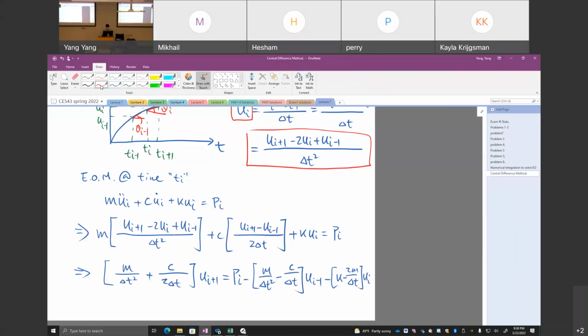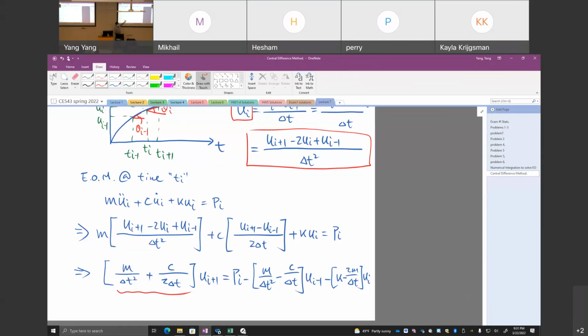As you can see here, for a given system and for a given time step, the factor for u i plus 1 is known to us. Typically, when you have the computer work, you need to tell the computer what delta t is.